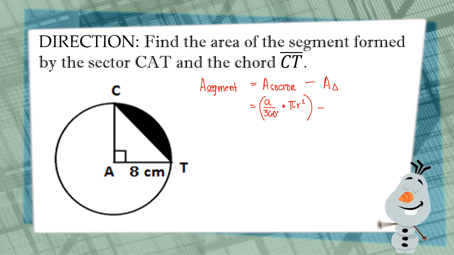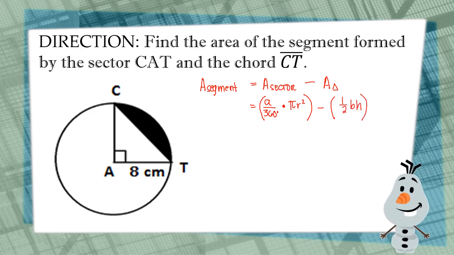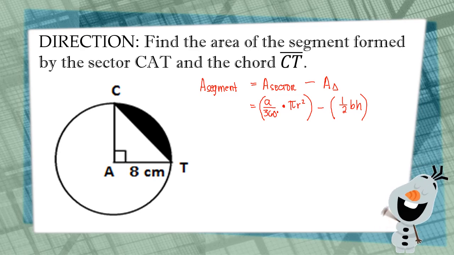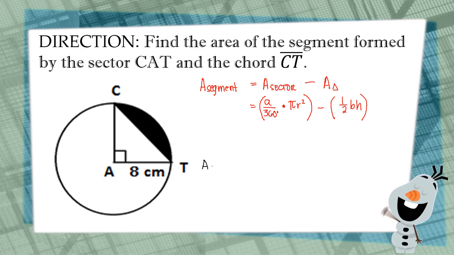What is the formula? We do have 1/2 base times height, or others might be using B times H divided by 2. It's the same actually. Now, maybe let us have extra space for that. So let's solve first for area of our sector.